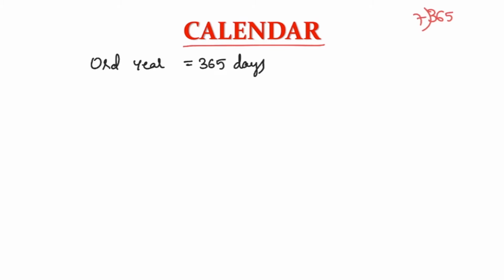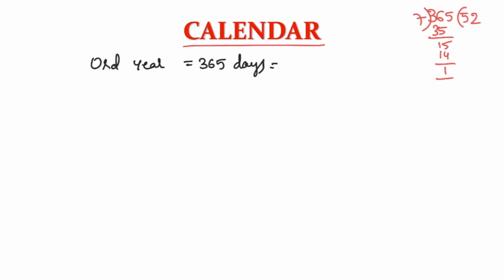In this video, I am going to explain the concept of calendar. In general, an ordinary year contains 365 days. 365 days are equal to 365 divided by 7: 7 5 times 35, 1 5 15, 7 2 times 14, 1 is left.